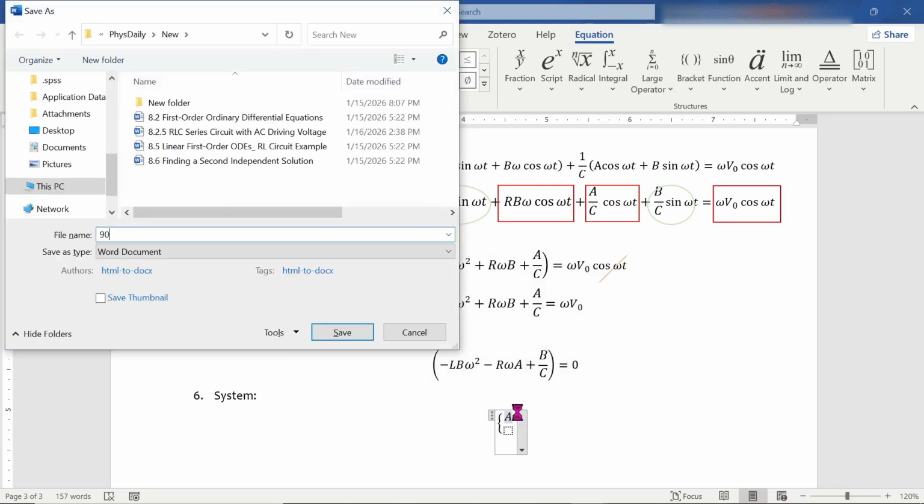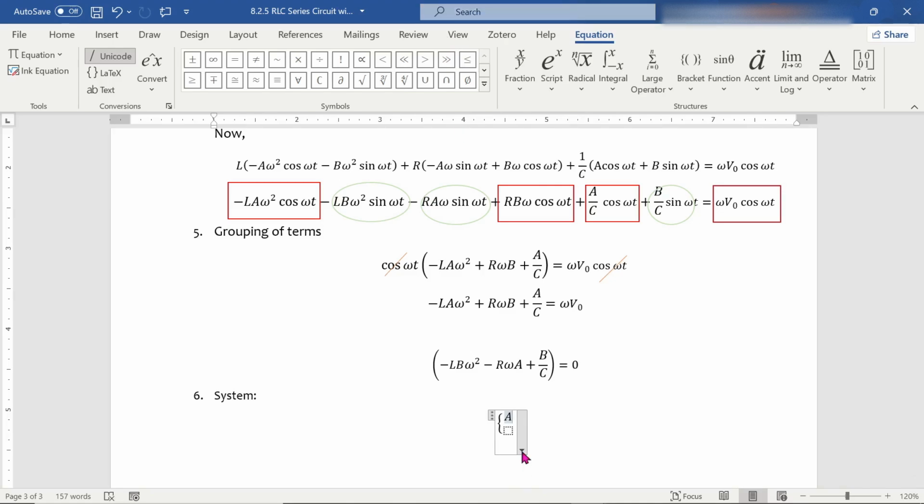So that's A times negative L omega squared plus 1 over C, plus B times R omega, and this is equal to omega V naught.